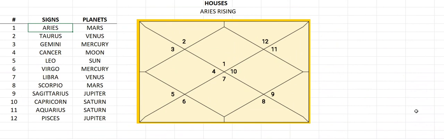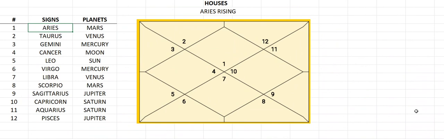The second sign of the zodiac is Taurus, and the ruler of Taurus is Venus. The third sign of the zodiac is Gemini, which is ruled by the planet Mercury. The fourth sign of the zodiac belt is Cancer, and Cancer is ruled by the planet Moon.